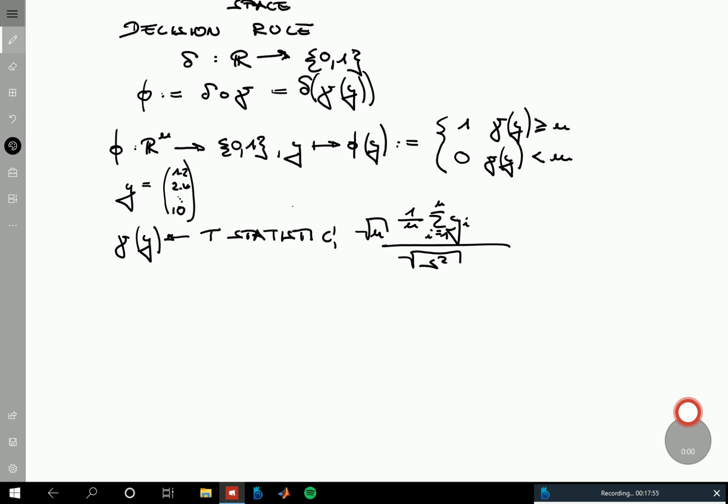And then the decision rule, which you have here, is that you look up some critical t-value, then you reject the null hypothesis if t is larger than t critical. Yeah, so that's what you've done in undergrad statistics.